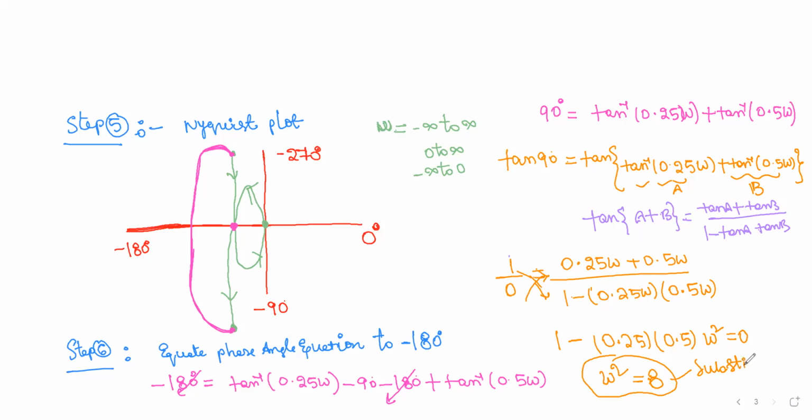Substitute in the modulus G of j omega equation.